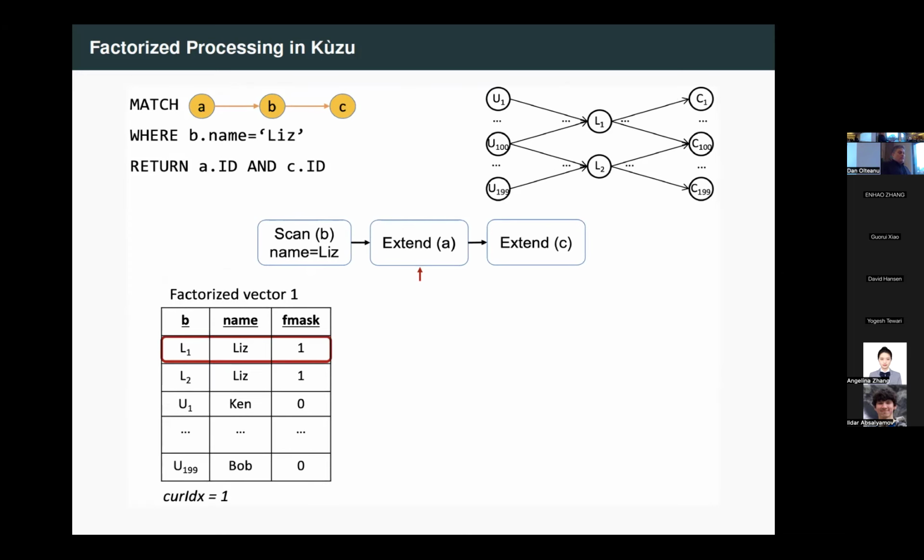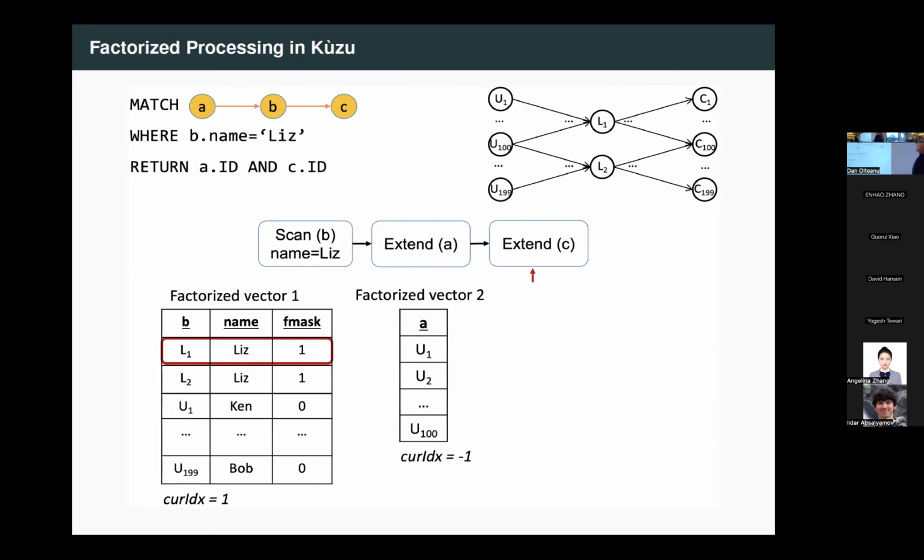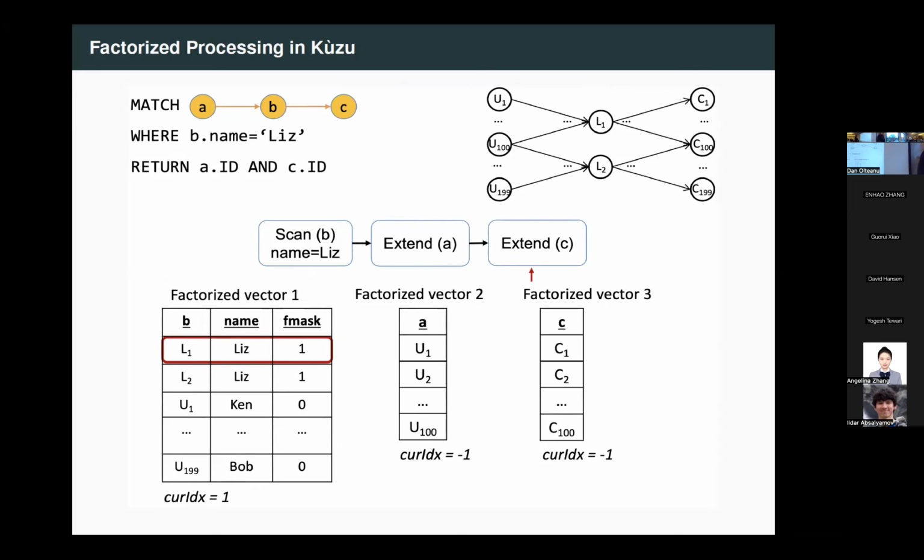Then for every B, let's say I take B equals L1, I construct a factorized vector which gives me the A's that are connected to that B. For L1, I have A's U1 to U100, which I represent here. And then I go next to extend C, and I connect them with the B's, and I have C1 to C100. But I don't take the Cartesian product between these two. I just keep it like this. If I want to iterate, it's not a problem. I can easily iterate over them because I look at the possible combinations.